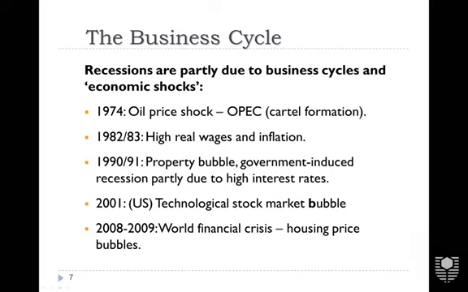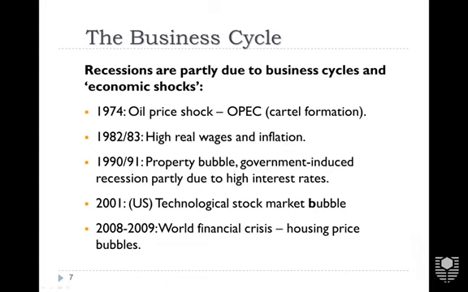Here are a few real-world examples that led to recessions in the economy. In 1974, there was a cartel formation by the OPEC countries, the Organization of Petroleum Exporting Countries, and when they formed the cartel, there was an oil price shock that led to a recession as well.